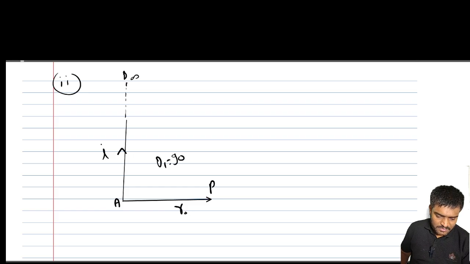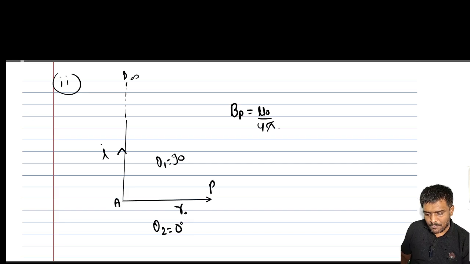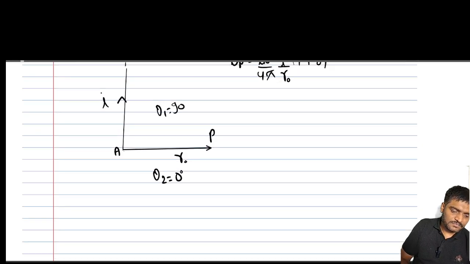Theta 2 is 0 degree, because the second part of the wire is not present here. So Bp is equal to mu naught upon 4 pi, I by r naught, times 1.